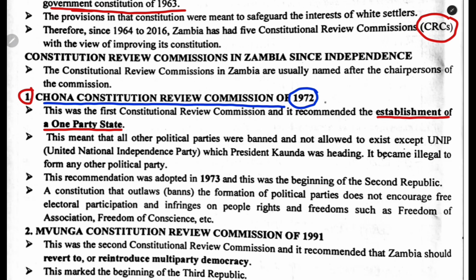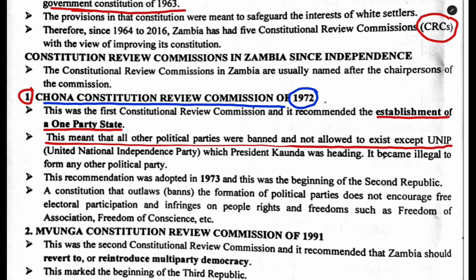This meant that all other political parties were banned and were not allowed to exist. Only one party at that particular time, the United National Independence Party, which is UNIP, was in power, and it was the only party to exist. So the establishment of a one-party state meant that all other political parties were banned and formation of a political party was illegal.